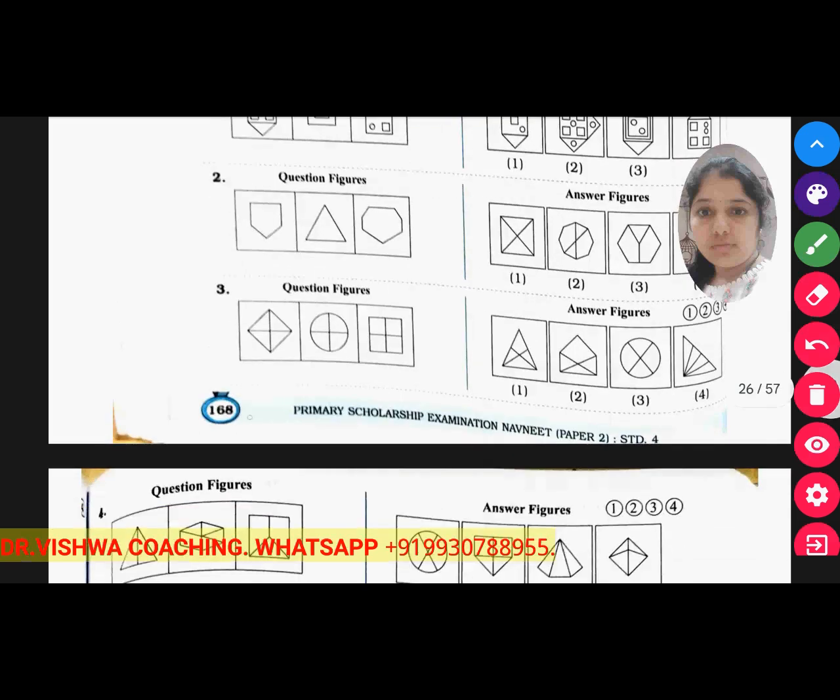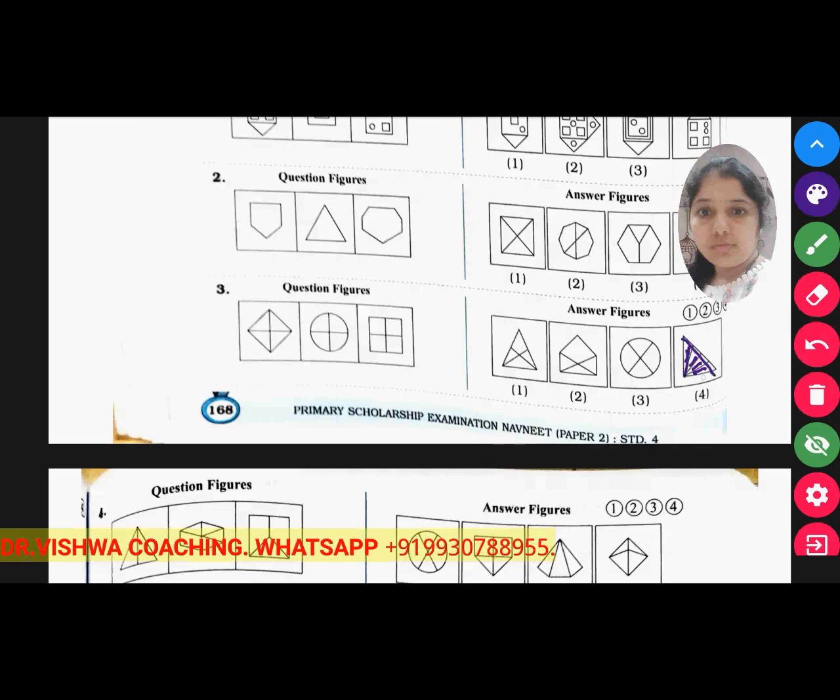Now here square, circle and square are given, and all the 3 figures are divided into equal parts. Which figure shows the equal division of the parts? So the correct option here is option number 4. 1, 2, 3, 4.